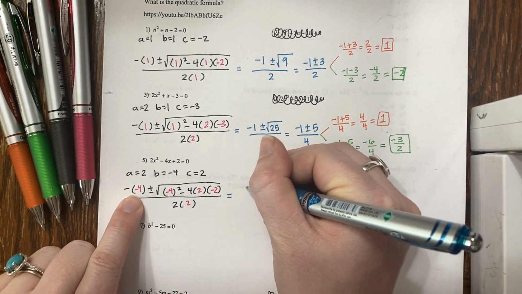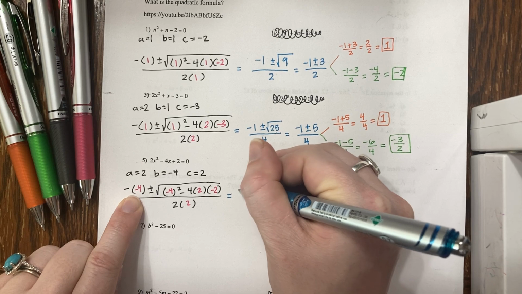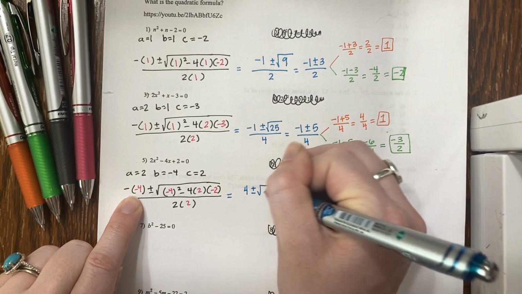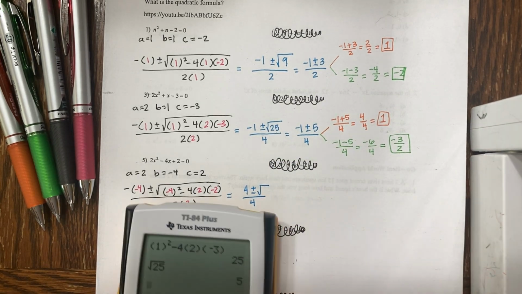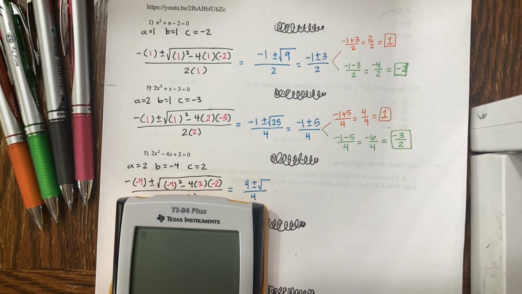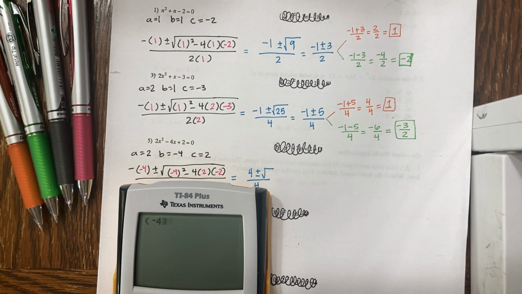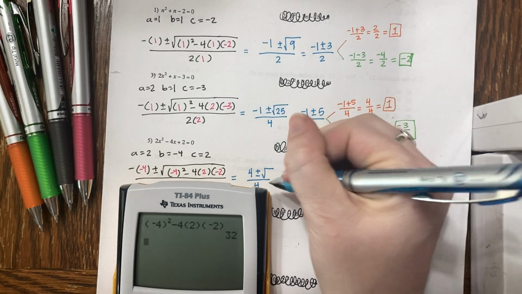Double negatives make it into a positive 4. You can put a plus sign on it if you want. 2 times 2 is 4. And in the root, I'm going to have negative 4 squared minus 4 times 2 times 2.